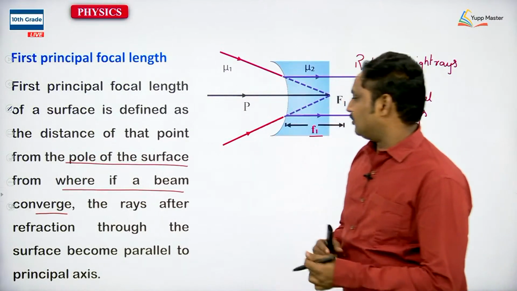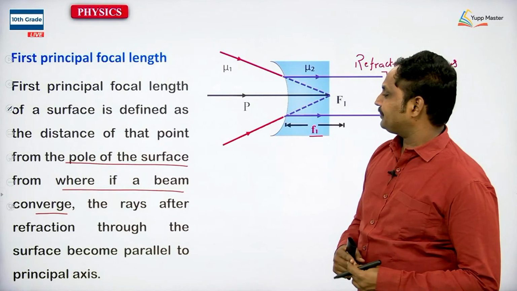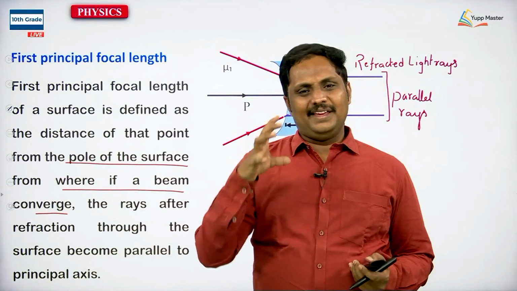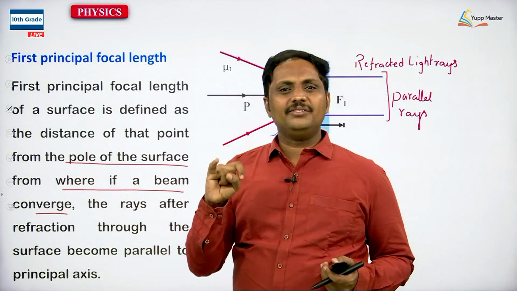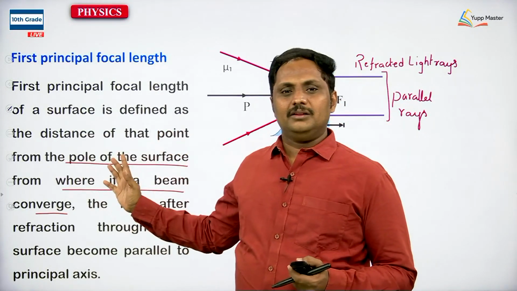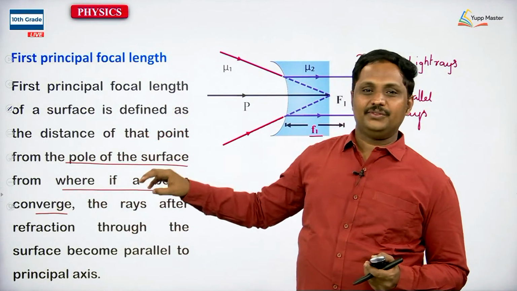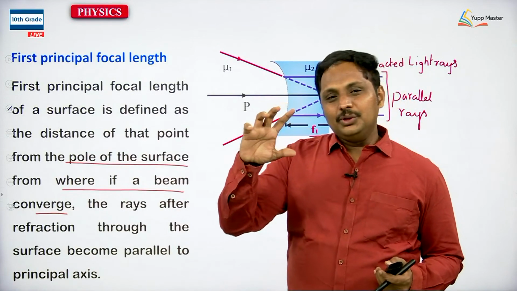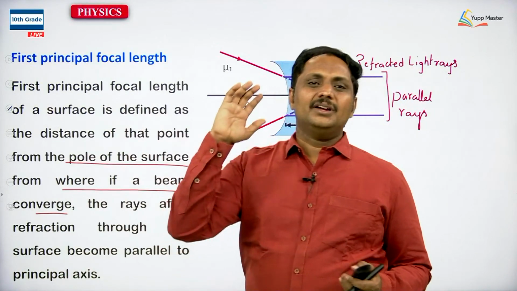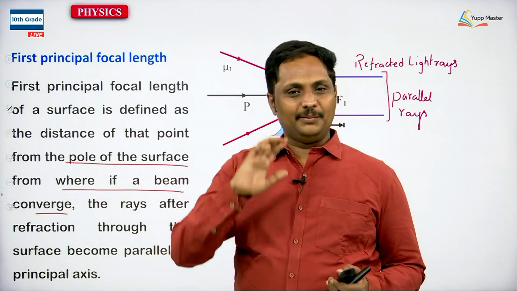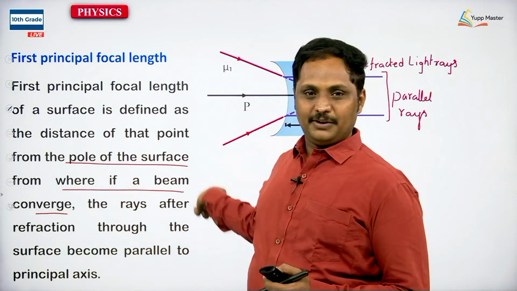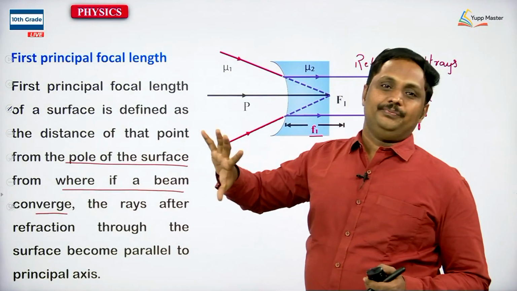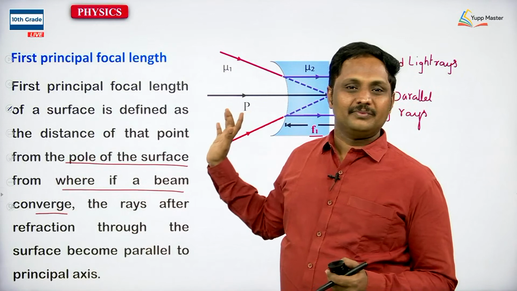So, it is very clear, we are going to discuss all these points. We will take different cases: the first one is the convex refracting surface, the second one is the concave refracting surface. Now you take the measurement of the first principal focal length and the second principal focal length, and you can identify which is positive and which is negative.